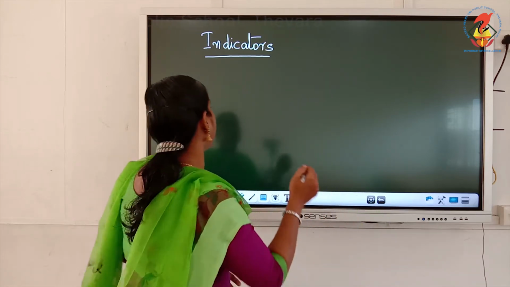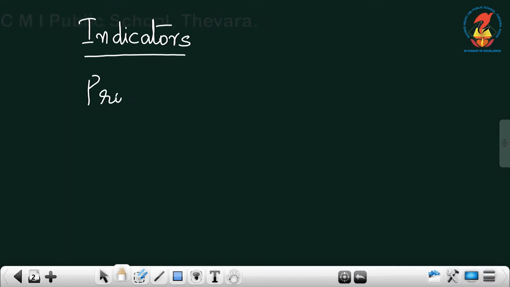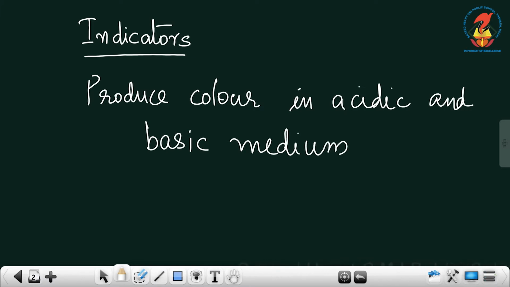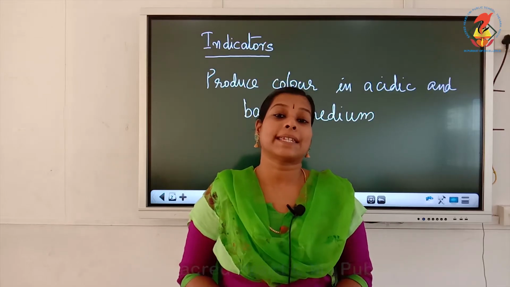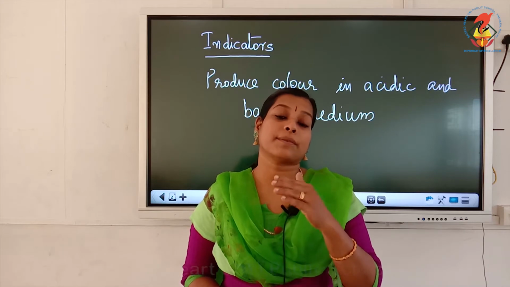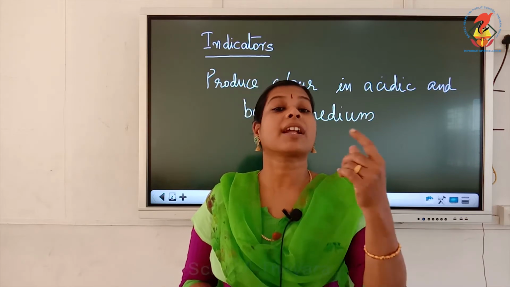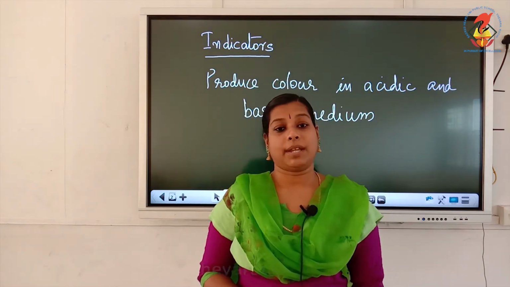So, indicators produce color in acidic and basic medium. The color produced in acidic medium will not be the color produced by the same material in basic medium. Indicators will produce different colors in acidic and basic medium.